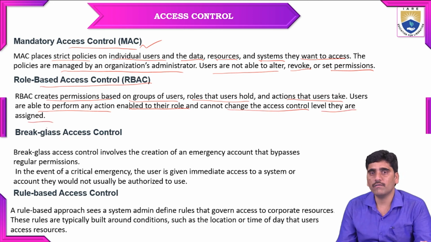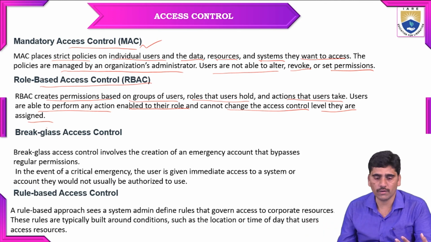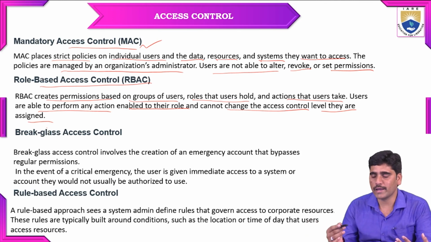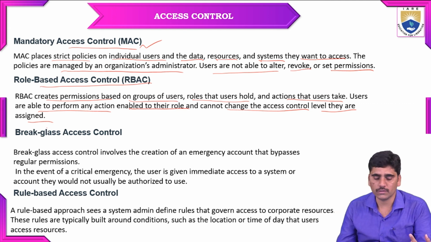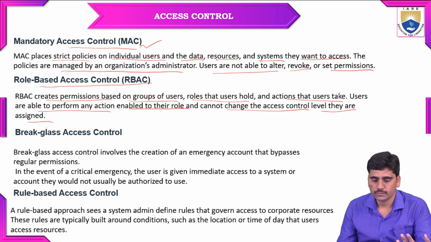Suppose in a corporate office, the senior manager or general manager assigns certain levels to certain users. The project manager can access only a certain level, the normal employee can access a particular level, and the assistant manager has access to a particular level. So they can assign all the roles to access their levels. That is nothing but role-based access control.